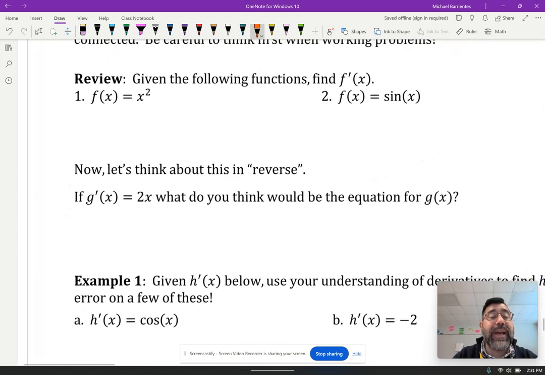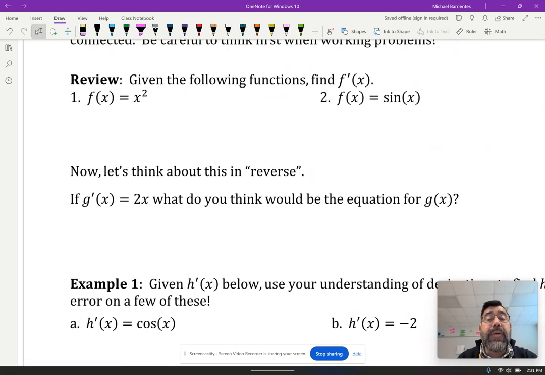So just a quick recap of taking the derivative. We learned rules to find derivatives such as this. So I can figure out what f prime of x equals. What is the derivative of x squared? Using the power rule, the derivative is 2x. What would be the derivative f prime of sine x?